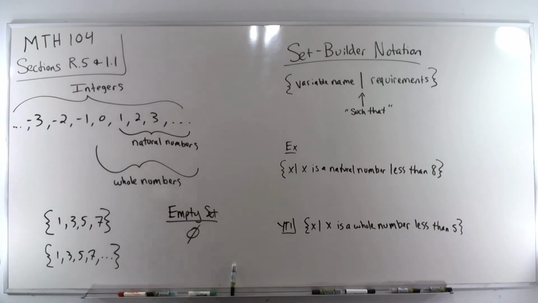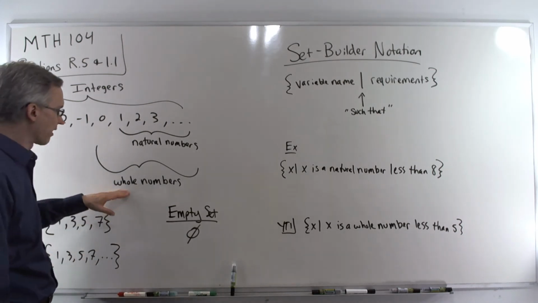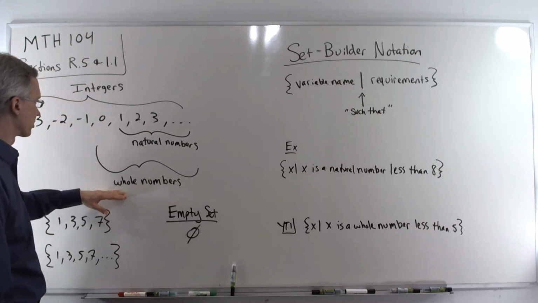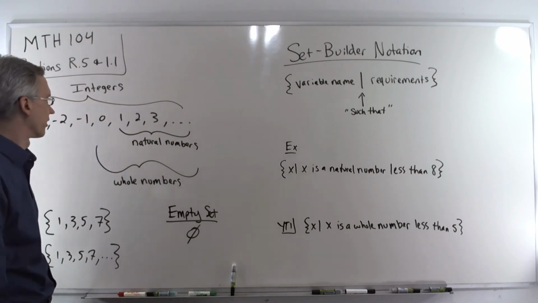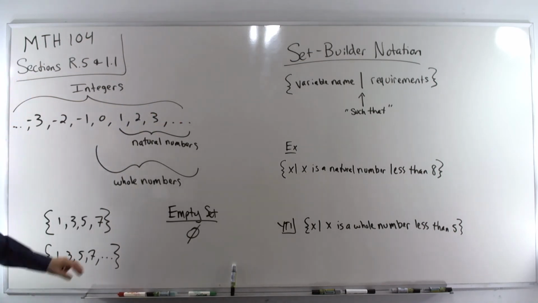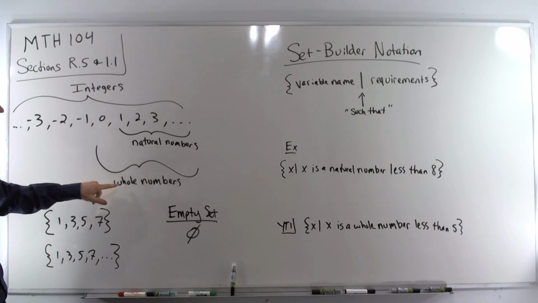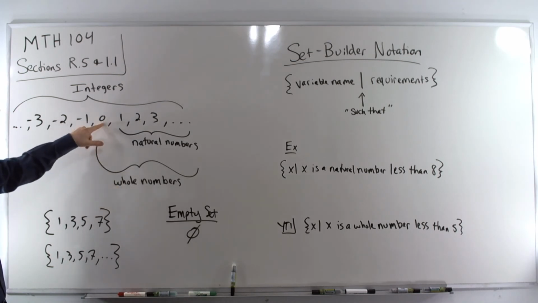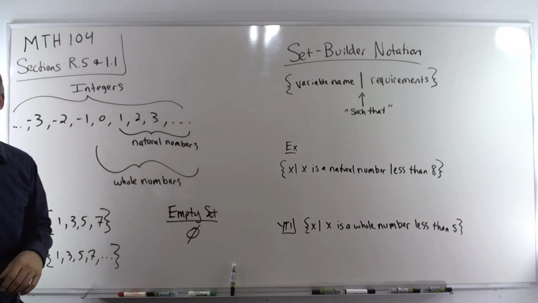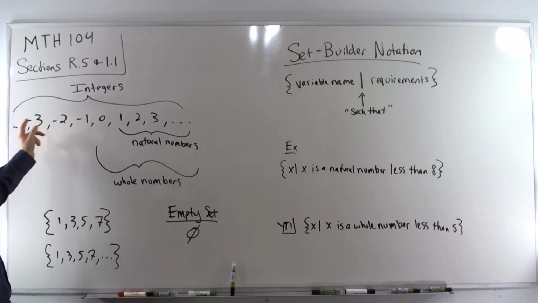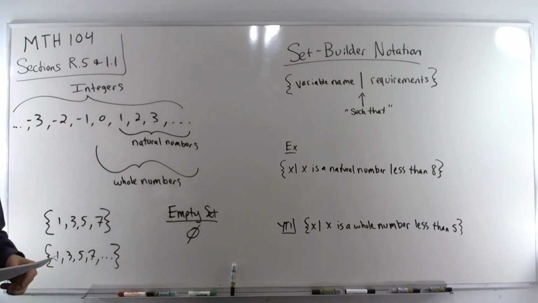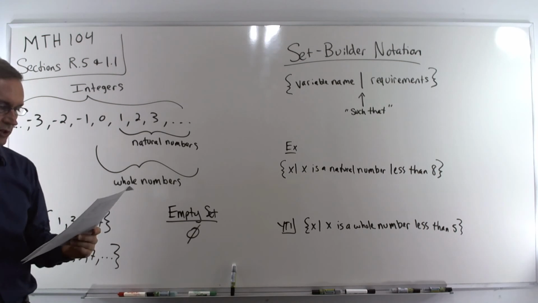All positive whole numbers. And then we have the actual whole numbers, which are 0 and on up. So the only difference between the natural numbers and the whole numbers is the whole numbers include 0. Natural numbers do not. And the integers include 0 and all the negatives. So those are 3 number systems that you should be familiar with.